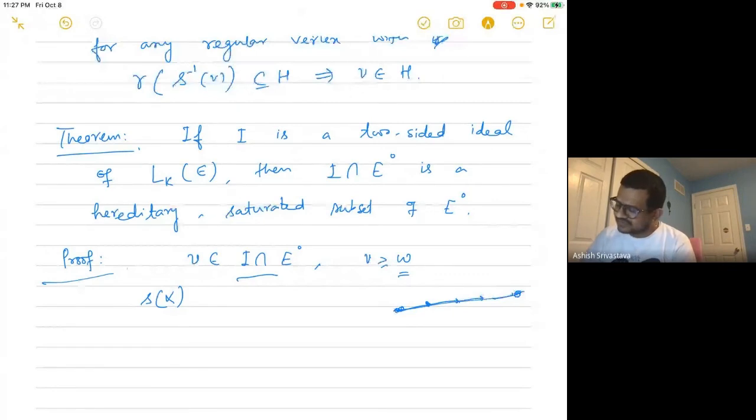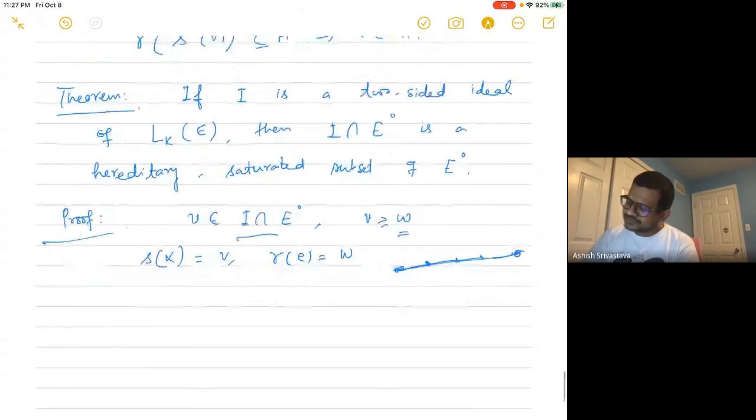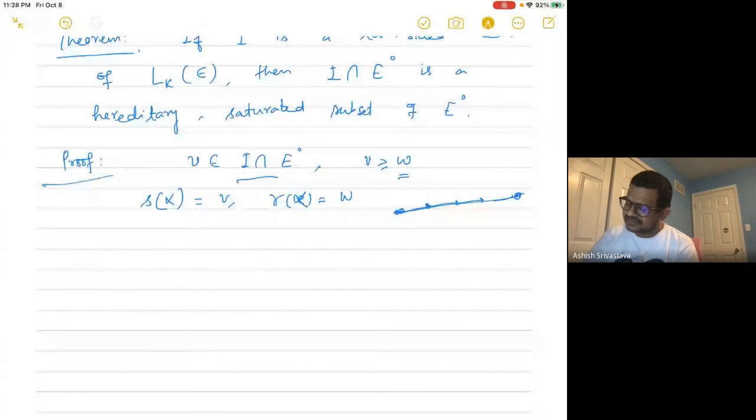So source of alpha is V, range of alpha is W. If you look at alpha star alpha, that's W, and you could write this as alpha star V alpha.